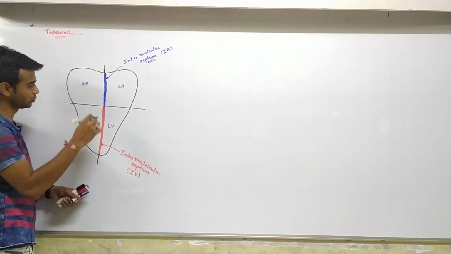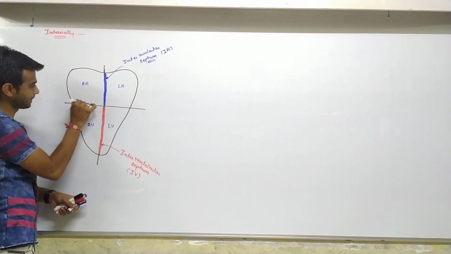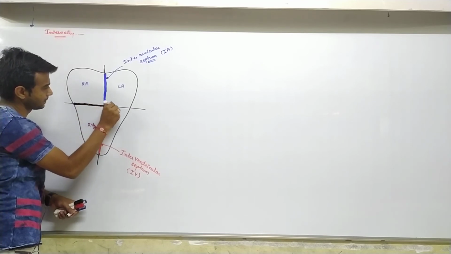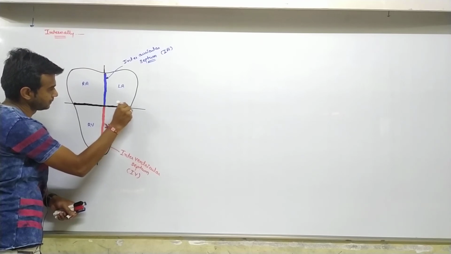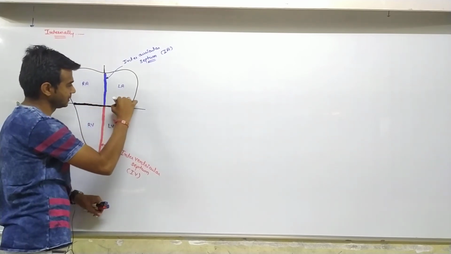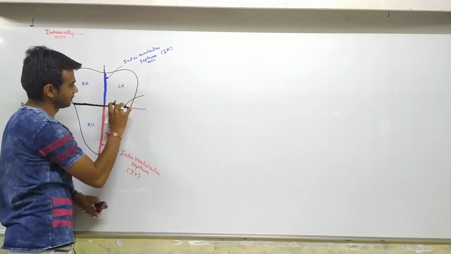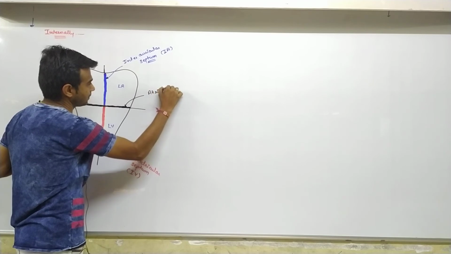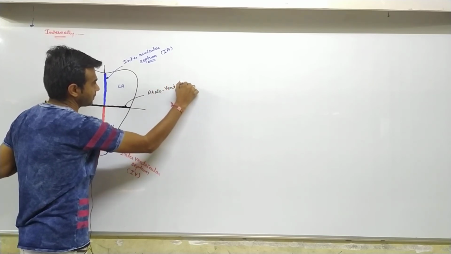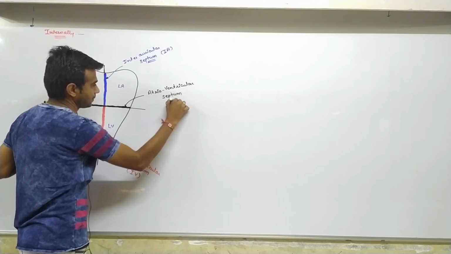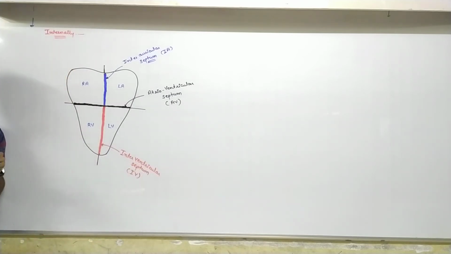Now, between the two auricles and the two ventricles, the atrioventricular septum is there.